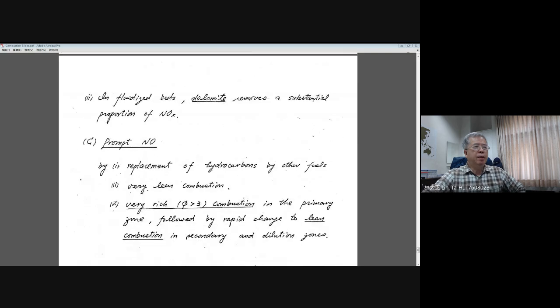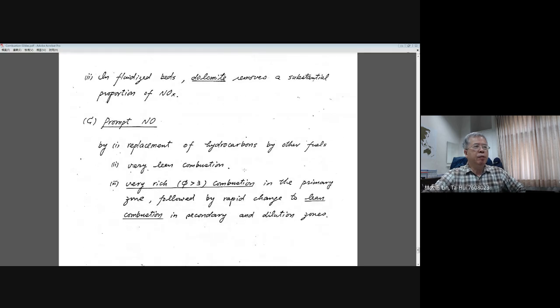And for the prompt NO, as we remember, the most important thing is to burn under very rich conditions. In this situation, you do not have enough oxygen, so they cannot convert the HCN or CN back to NO. Then you will have smaller prompt NO formation.